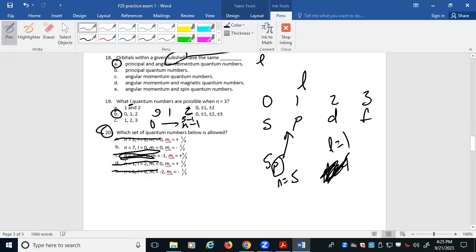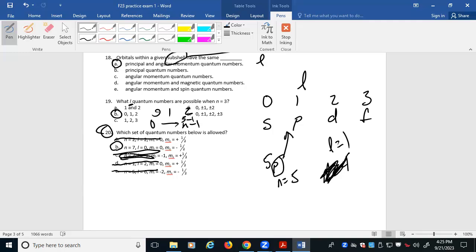So by elimination, we would come up with B. Is B actually a valid set? Yeah, absolutely. We're talking about the 7s sublevel here. 7th energy level, S sublevel, magnetic quantum number of 0, which is the only quantum number that it can be in the S sublevel. Spin quantum number, that makes sense.